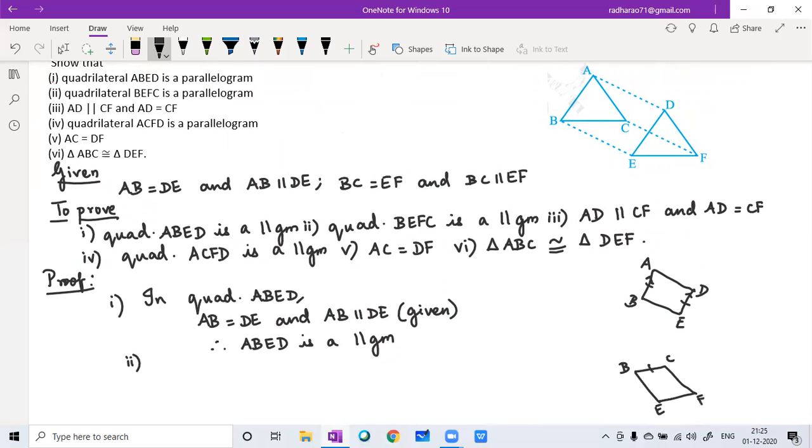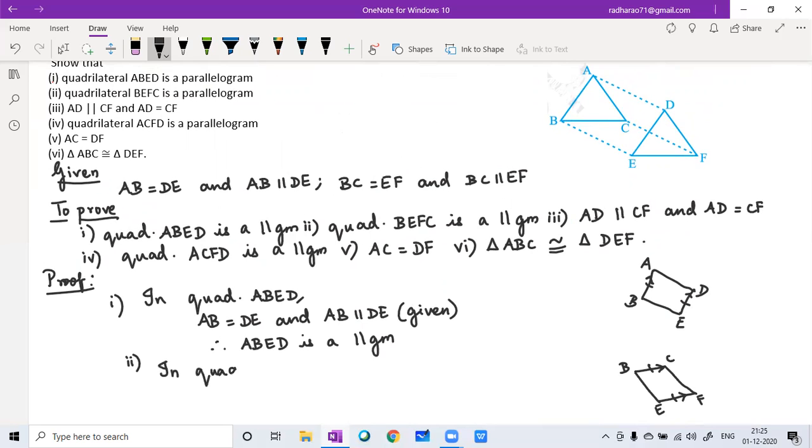So here BC and EF are given equal as well as parallel. So in quadrilateral BEFC, BC and EF are parallel and equal. It is given in the question itself. In any quadrilateral, again, if one set of opposite sides is parallel and equal, it becomes a parallelogram.